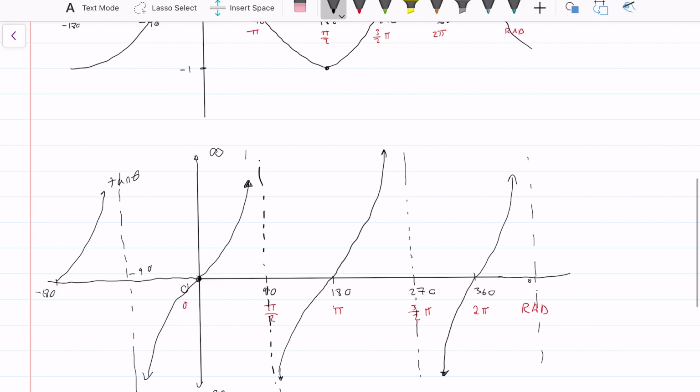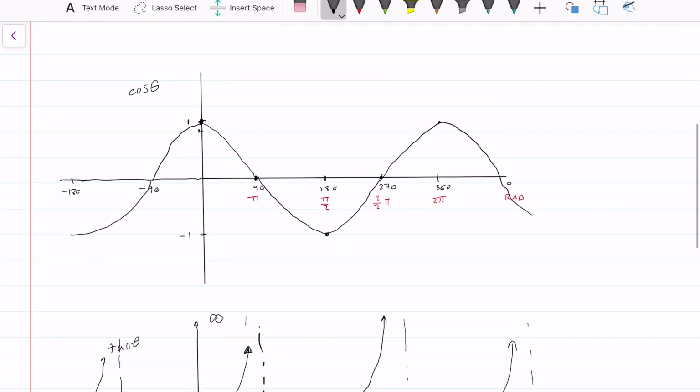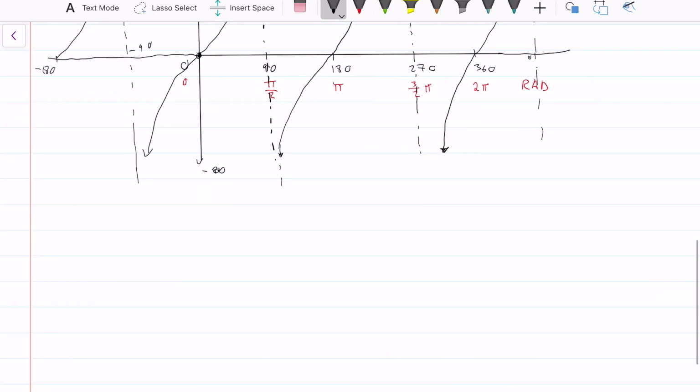Okay, so now let's get on to cosec, sec, and cot. Okay, so we know what sine theta looks like, we know what cos theta looks like, and we know what tan theta looks like. Essentially these are just definitions. So we can say that sine theta equals 1 over cosec theta. Cos theta equals 1 over sec theta.